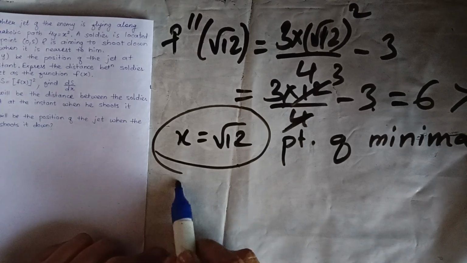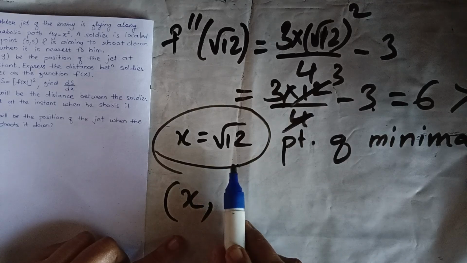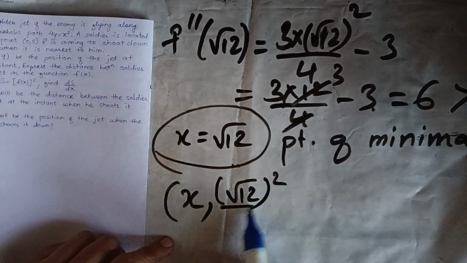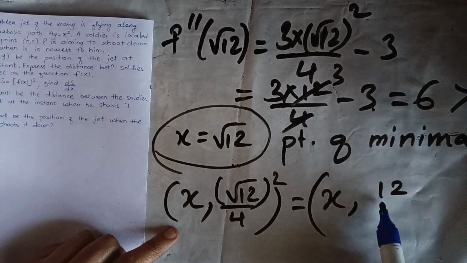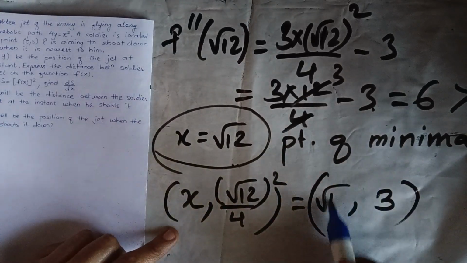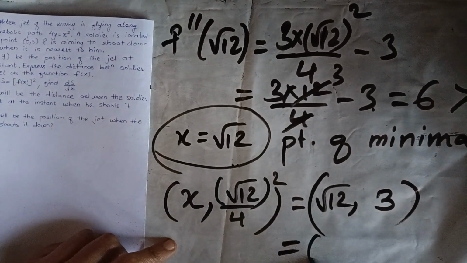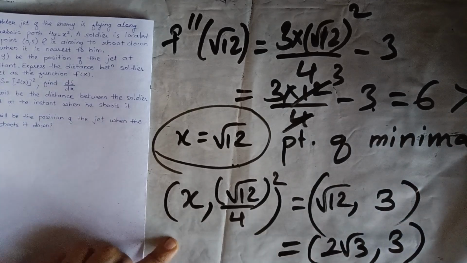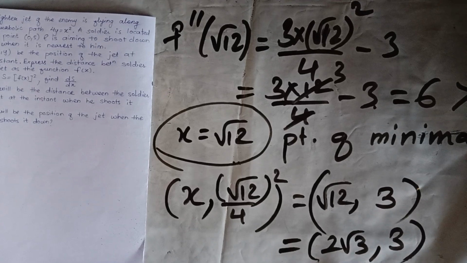So the point becomes x comma y, which is x square by 4. So root 12 square by 4, so this is 3. And our x is root 12. Okay, root 12 you can reduce. That is, it is 4 into 3. So this becomes 2 root 3.